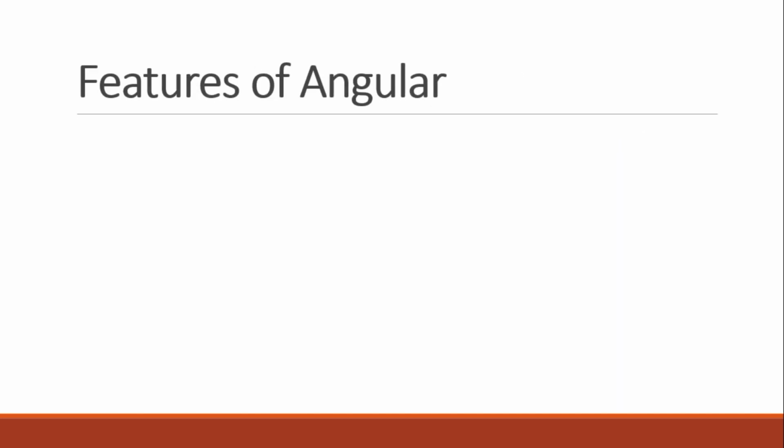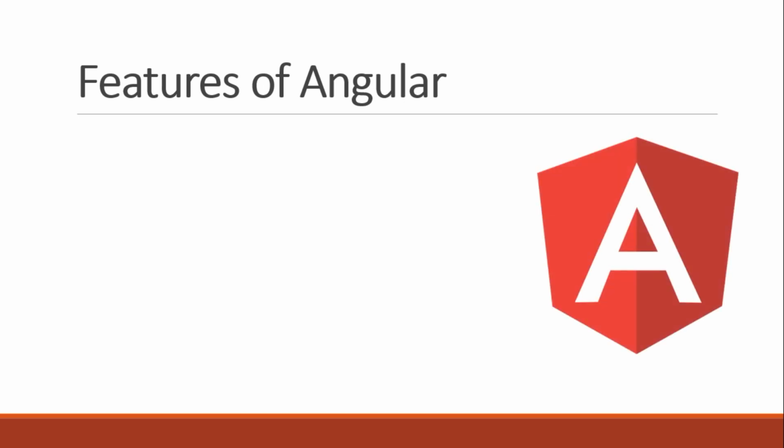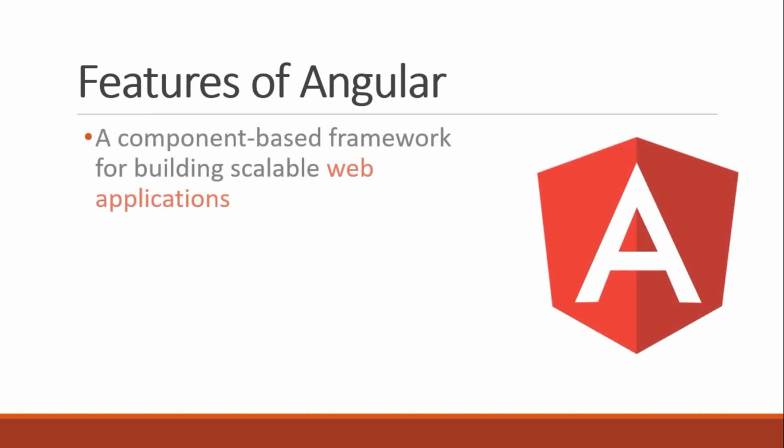So features of Angular, let's understand some of the introductory features that are here. So first of all, it is a component based framework for building web applications. A component based framework is very important when you want to reuse the same code for your UI. Let's say you have a navbar and you have written some navbar in HTML. When we write a navbar code, we just need to copy paste the same navbar code in all the HTML files, right?